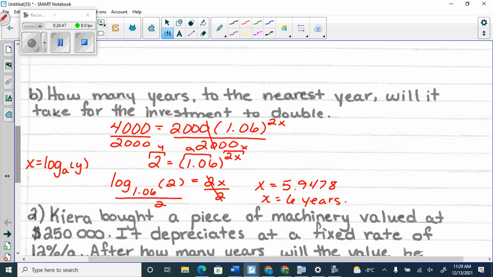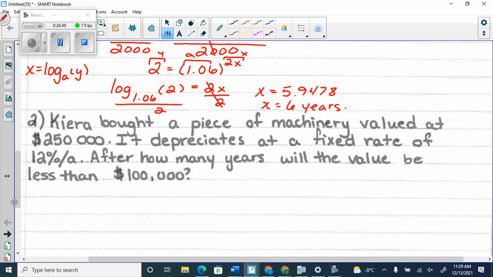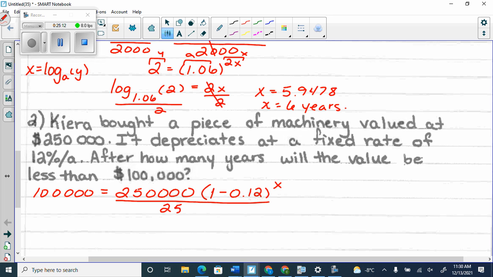Sometimes the windows are hard. So here it says Kira bought a piece of machinery valued at $250,000. So that's my initial. It depreciates, which means I'm going to do 1 minus, right? It depreciates by 12%, so 1 minus 0.12. How many years will it take to be worth 100,000? First thing I always have to do is divide by 250,000.